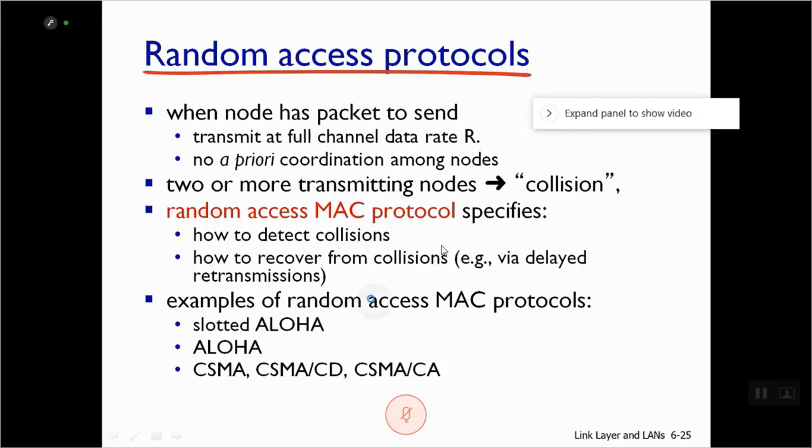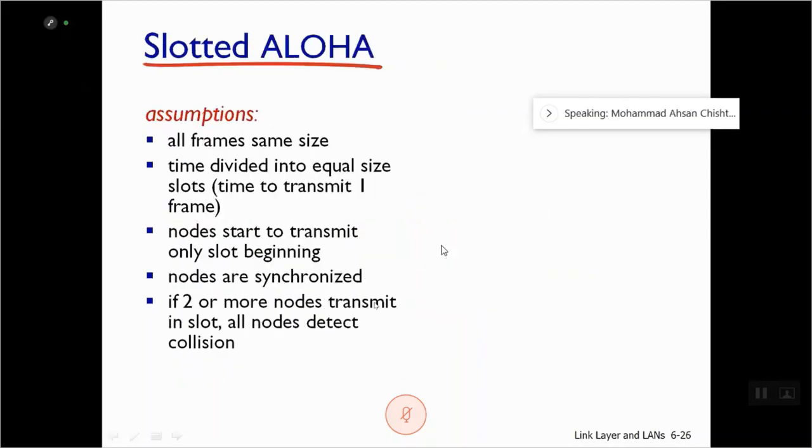So slotted Aloha. There are some assumptions that we take in slotted Aloha: all frames are of the same size, that means all frames consist of exactly L bits. Time is divided into slots of size L/R seconds.